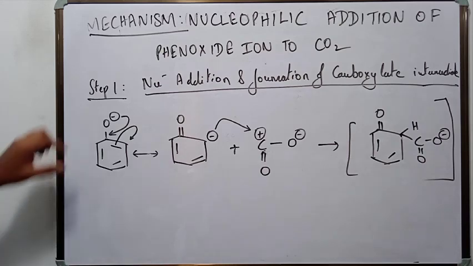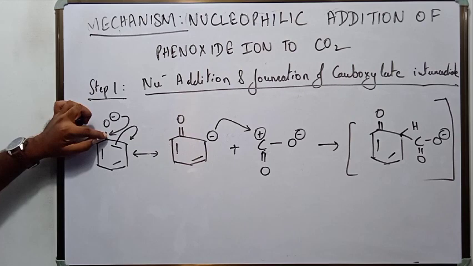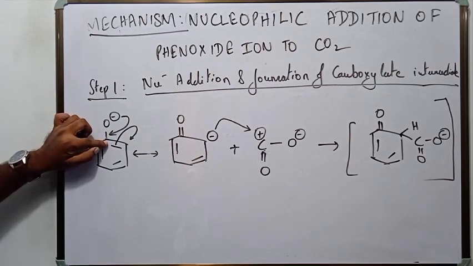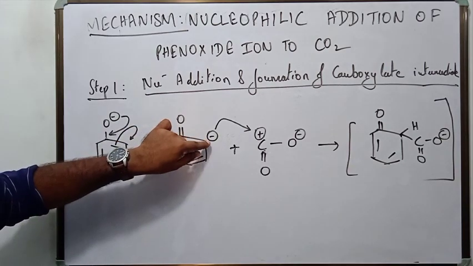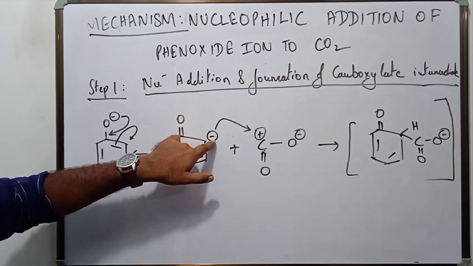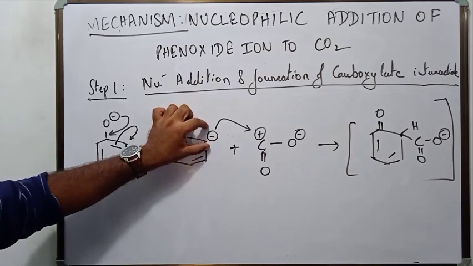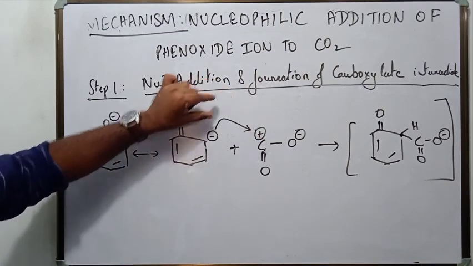As you can see, this is the phenoxide ion. This charge now comes as a double bond. When this comes as a double bond, the carbon's valency is not fit here, so this pair of electrons appears as a negative charge on the benzene ring. This is what now attracts carbon dioxide towards it, or gets attached to carbon dioxide.